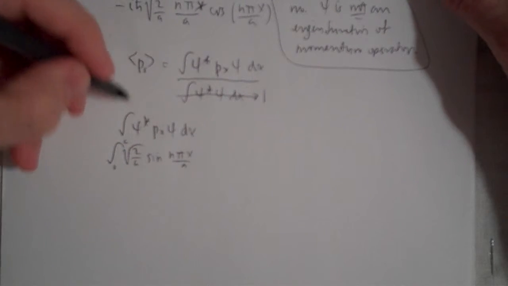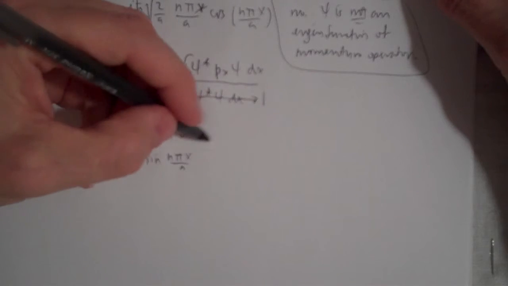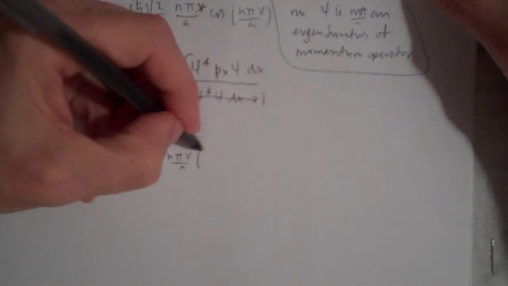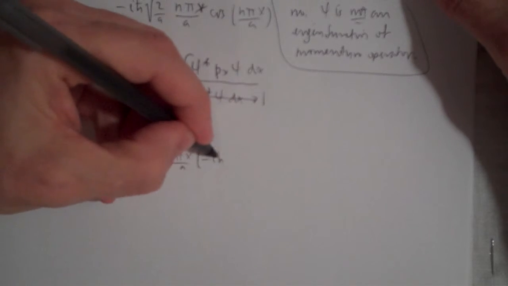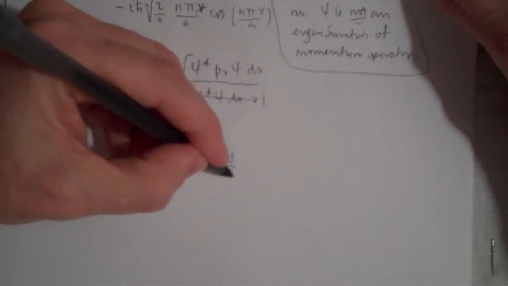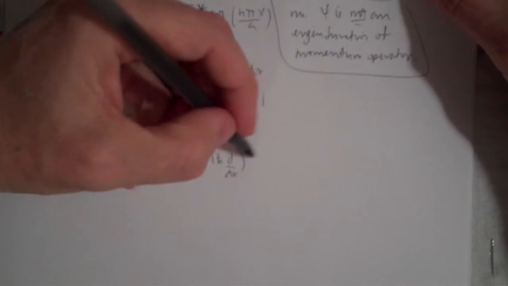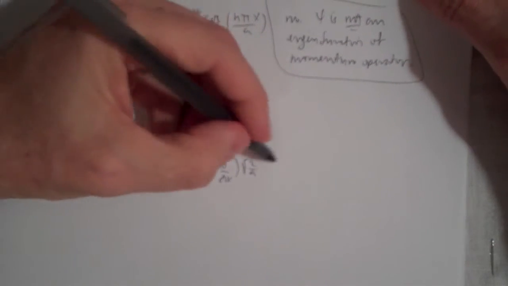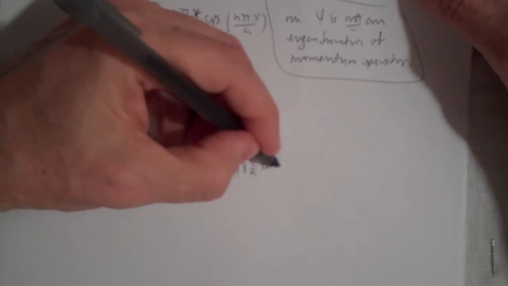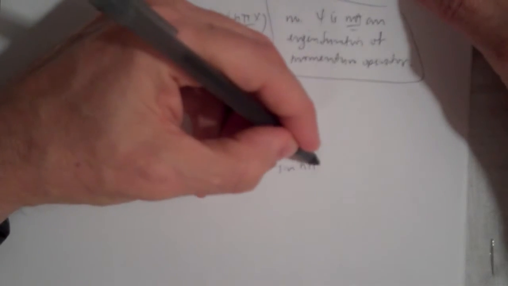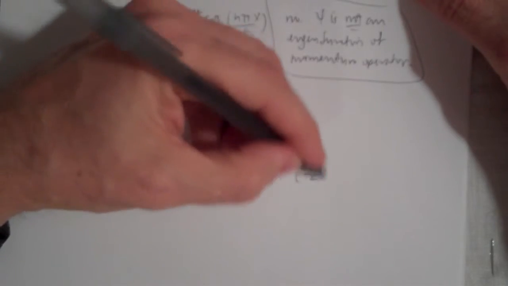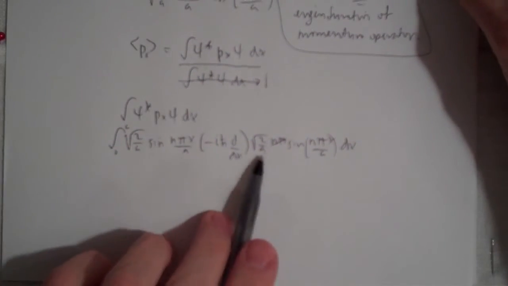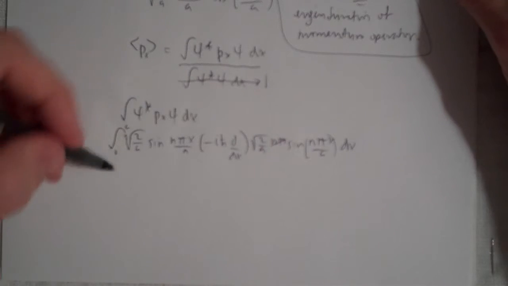This is from 0 to a, right? Times the momentum operator, root 2 over a n pi, sine n pi x over a dx. Okay, so I'm going to take these two terms, multiply them and pull them out front.